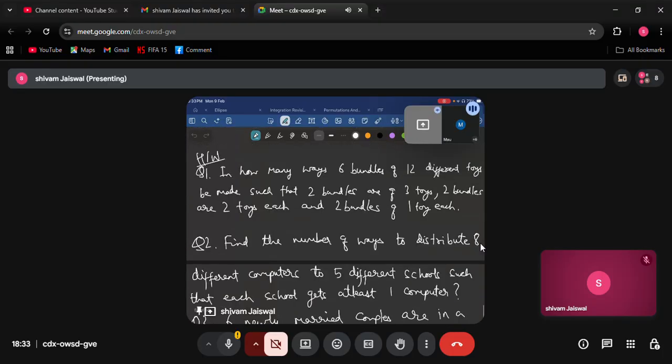I'm going to write down the answers. First one is 12 factorial divided by 3 factorial whole square into 2 factorial whole cube.